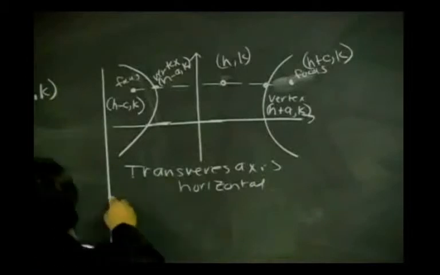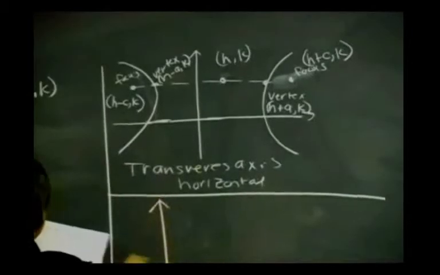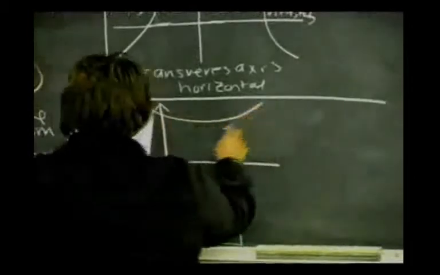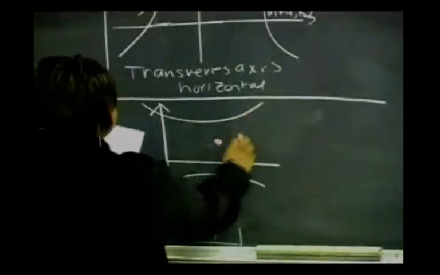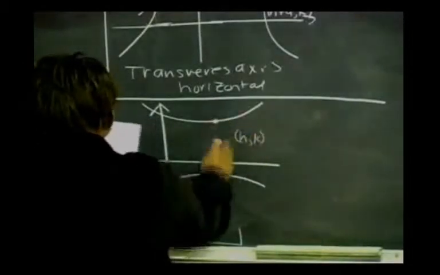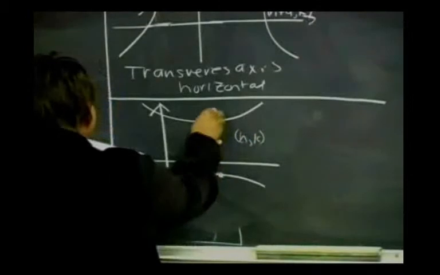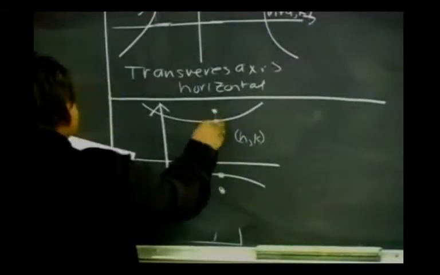Let's look at the next situation, where my transverse axis may be vertical. This is my center, (h, k). This is a vertex, this is a vertex, focus, focus.